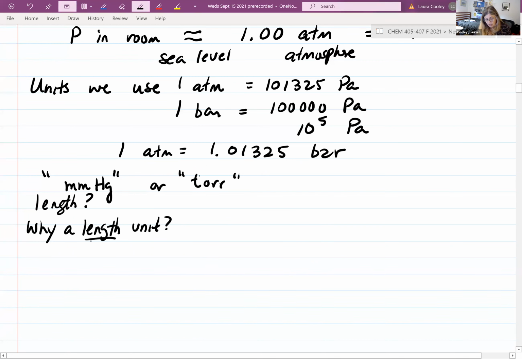And so what this actually is, 1 millimeter of mercury, or 1 torr, they're the same, is the pressure exerted by a column of mercury that is 1 millimeter tall.